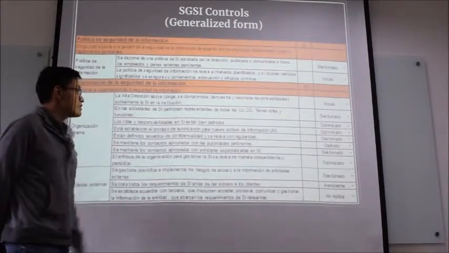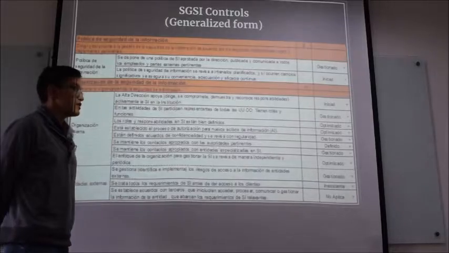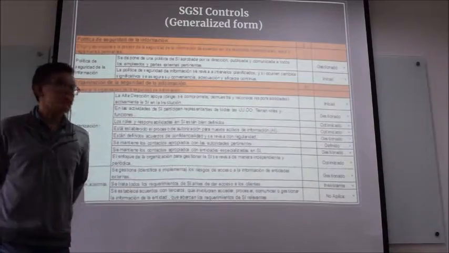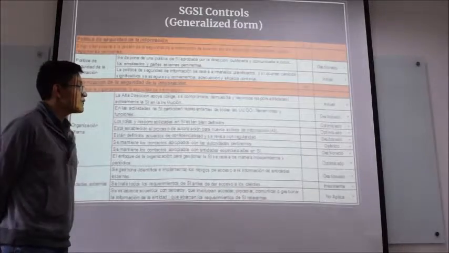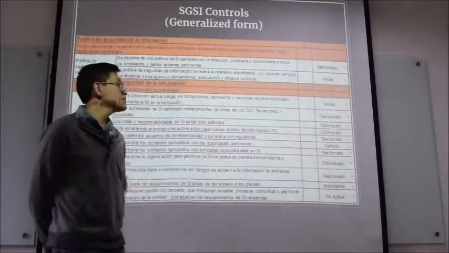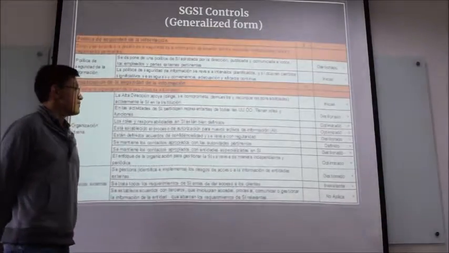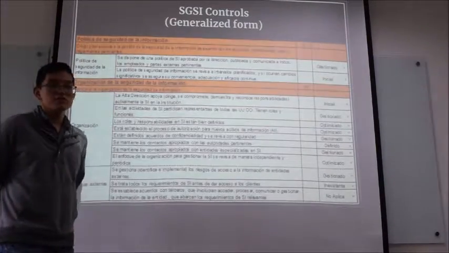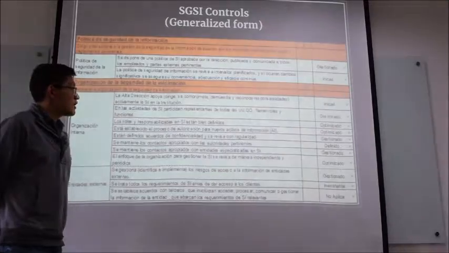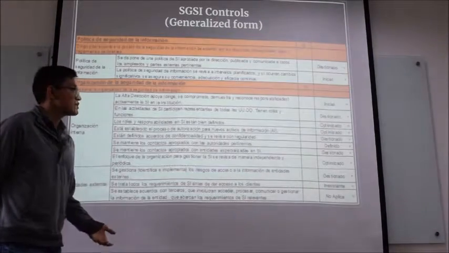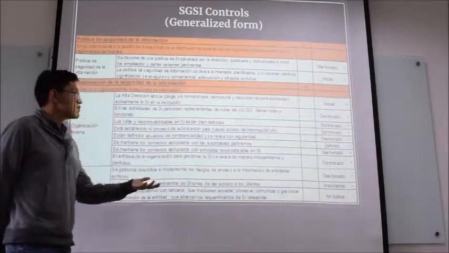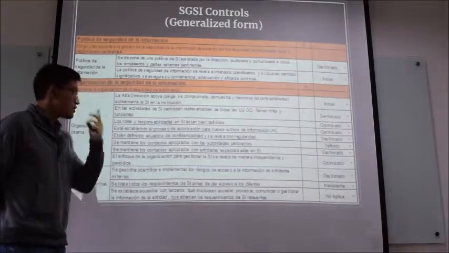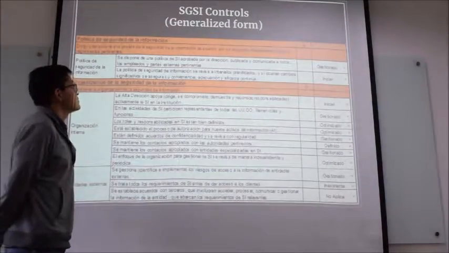This is the process of authorization to include some new information actives in the library. So we have it in the level optimized because it is one of the main processes that the library does every day. It needs to assure that the information and the actives that get into it are well done.